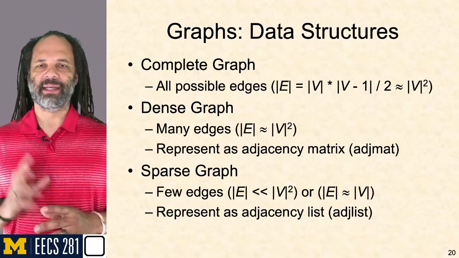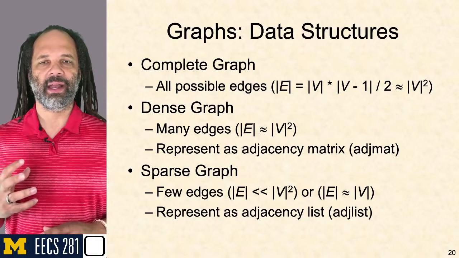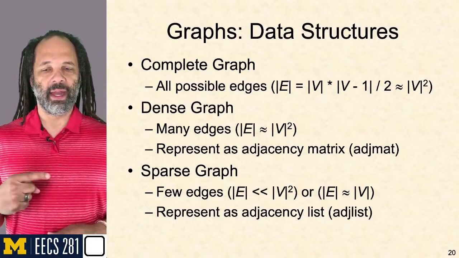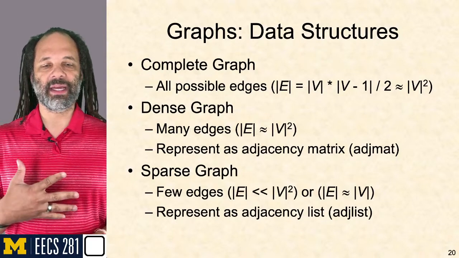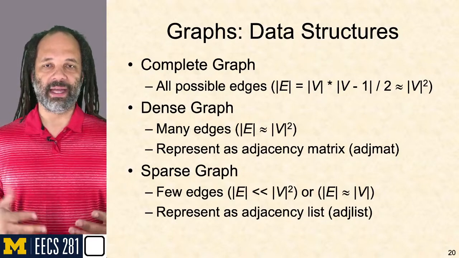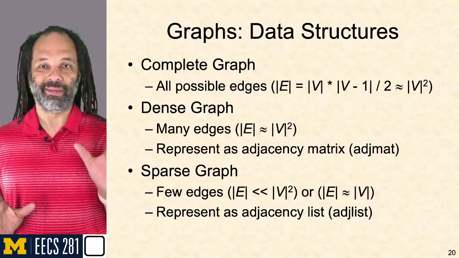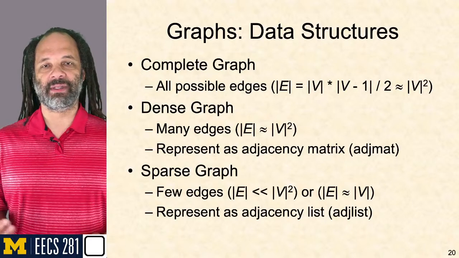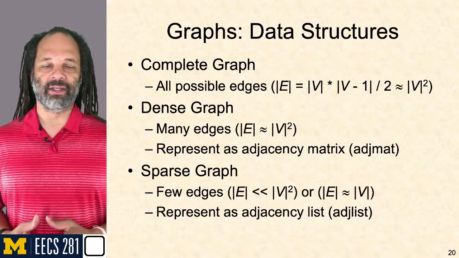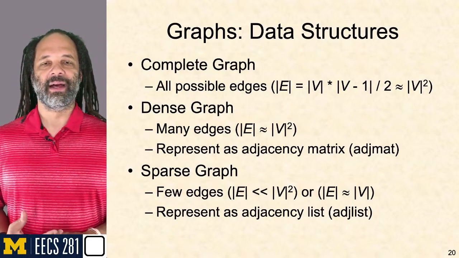That's what dense is. It's loose. We don't have a real tight grasp on it, but we do know that the opposite of that, sparse, says that we've got approximately E equal to V edges. In this case, the magnitude of E, magnitude of V. So I'm looking at having about the same number of vertices and the same number of edges. When that's the case, I've got a sparse graph.